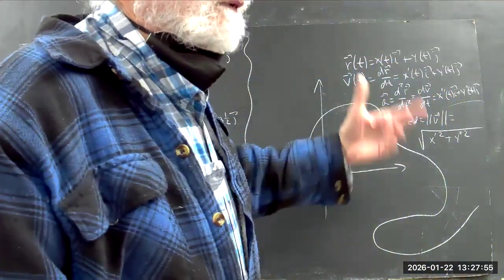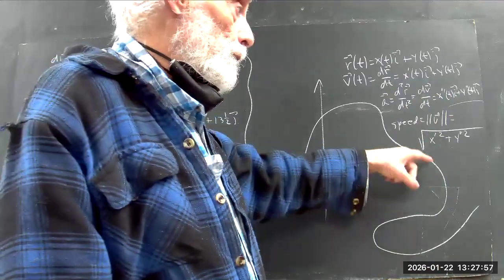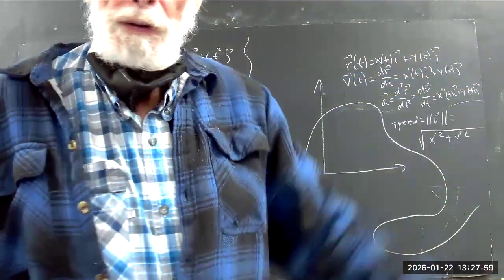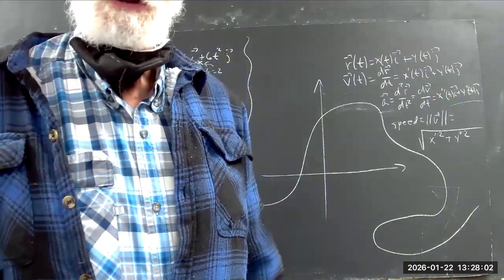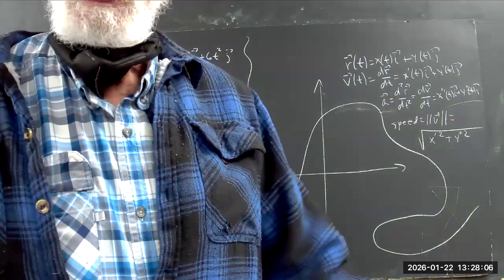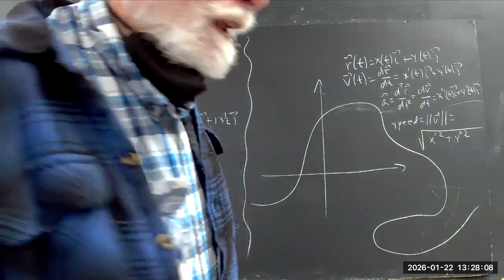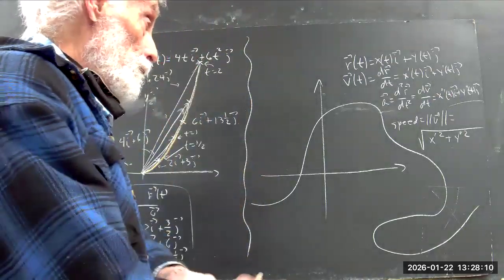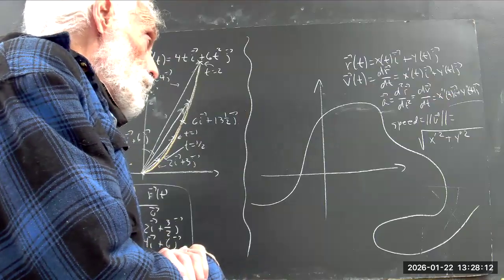Often your book will probably write (dx/dt) squared plus (dy/dt) squared. I'll use the prime because it's quicker and more compact with the same meaning. Okay. I don't think that'll be a notational problem for you.